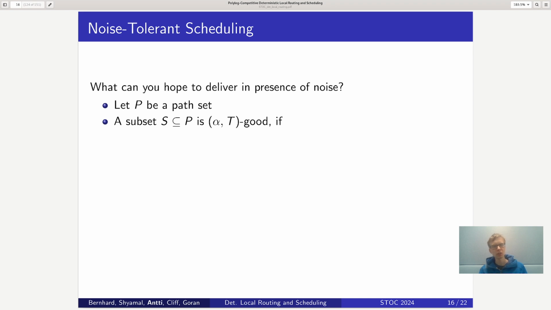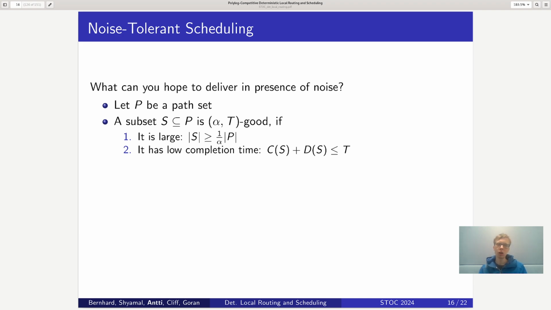Then we call the subset alpha T good if the subset is both very large, as it's at least an alpha fraction of the entire packet set, and the subset, if only those packets in the subset existed, we could schedule all the packets with low completion time, as in completion time at most T.